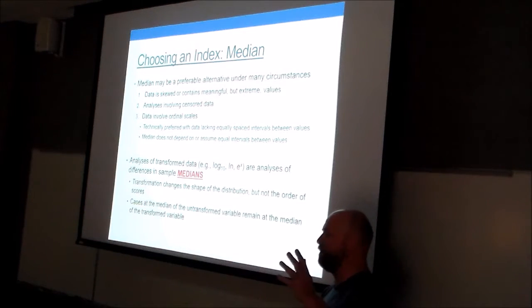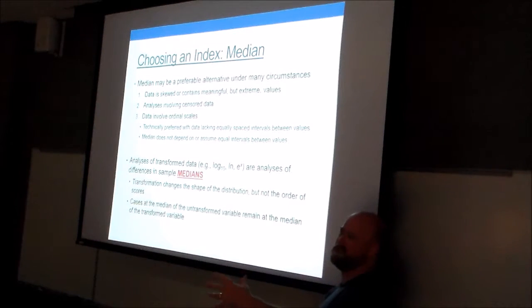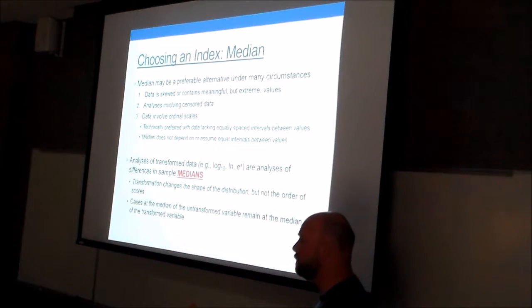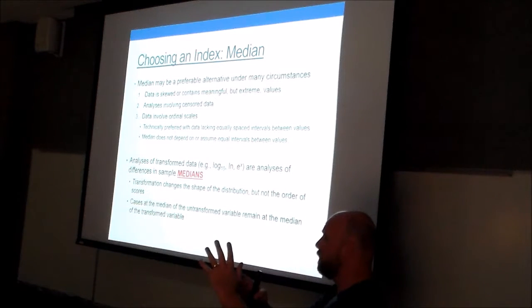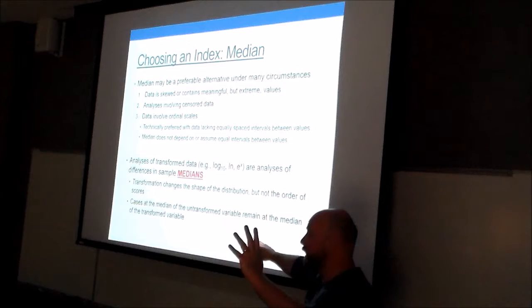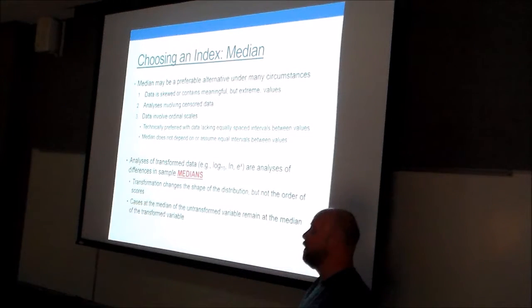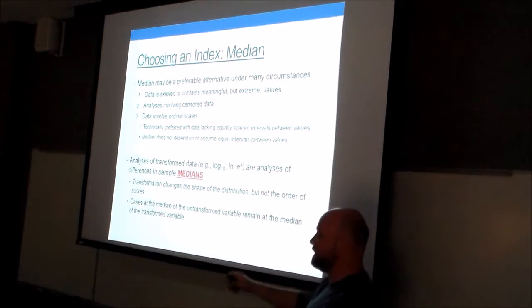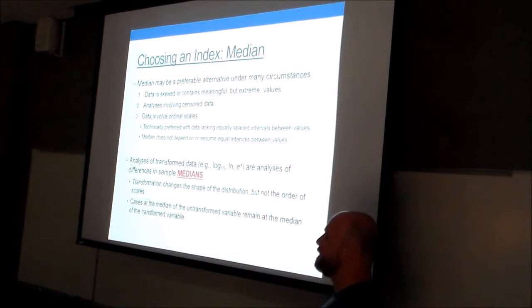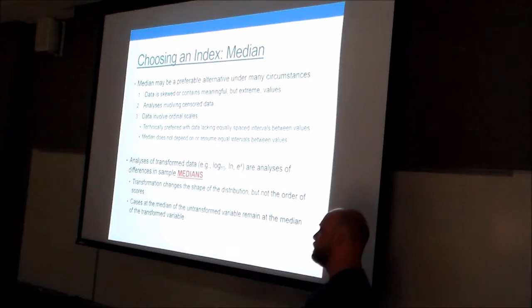And so most people are going to have, particularly if I am working with, say, high school students, most of them are going to be 0, right? And they're all going to be bunched up around there, but then we're going to have some people who are way out there. My log transform is going to bring in that tail, but it's not going to change the order in which people fall, right? It's not going to change the rank order of scores.